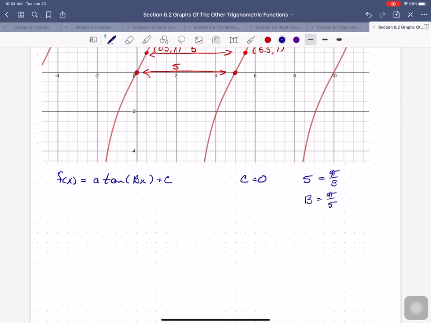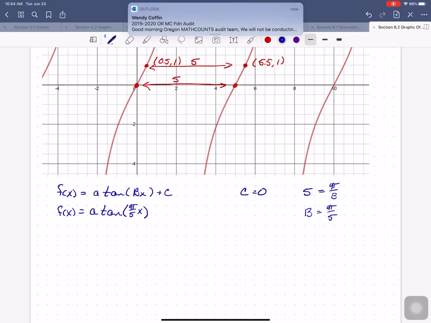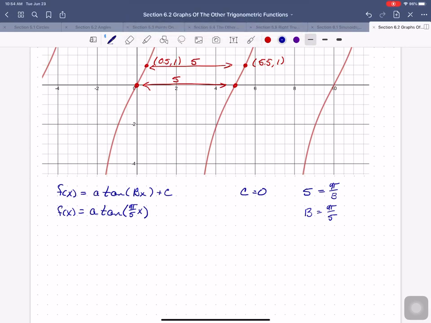So now I know that my function is something times the tangent of pi over 5 times x. And to get to that something, we're going to use that known point.